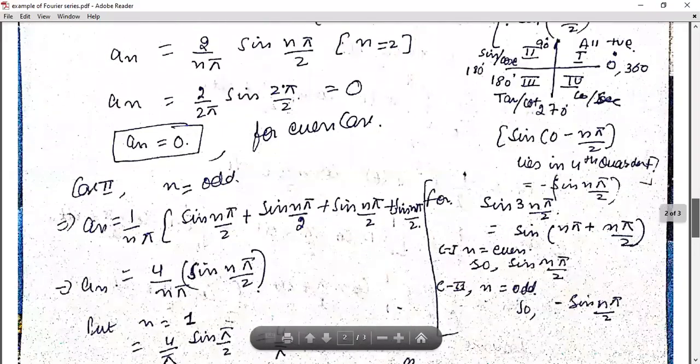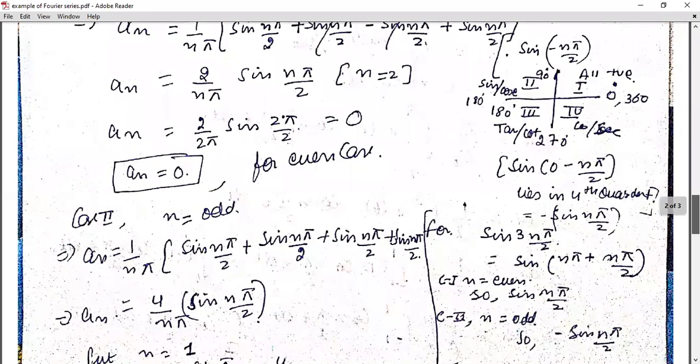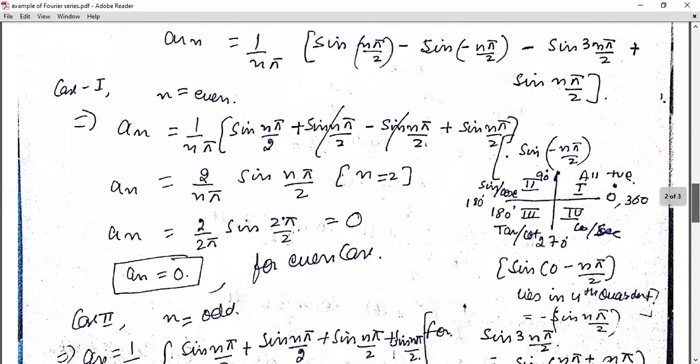But for the odd case, if we are considering n is equal to some odd number, then what we will get: a_n is equal to 1 by n pi times sine of n pi by 2 plus sine of n pi by 2 plus sine of n pi by 2 plus sine of n pi by 2. How? Because in the first quadrant, if we substitute here 1, sine of pi by 2, the value will be positive in this case.